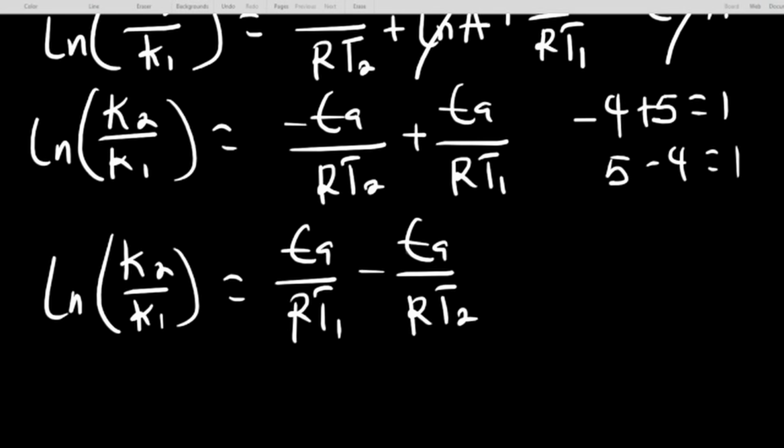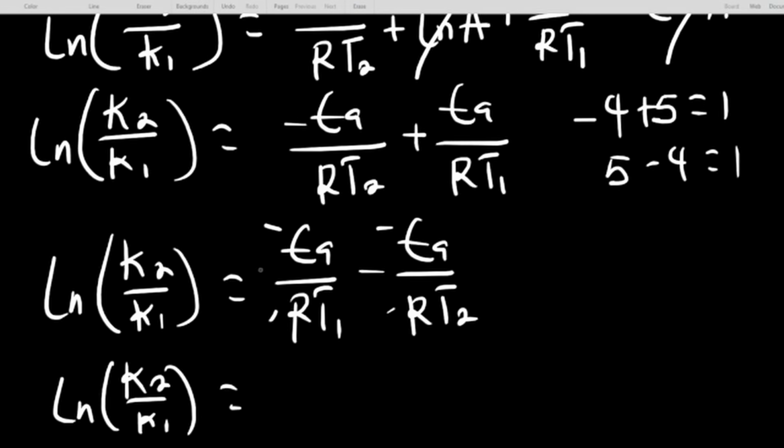Next up, we copy down the left-hand side again, and we have ln k2 over k1. This is equal to, now looking at both sides, you can see that EA over R is common here. So we have EA over R, again, EA over R. So we can factor out EA over R. If we factor out EA over R, we open our bracket.